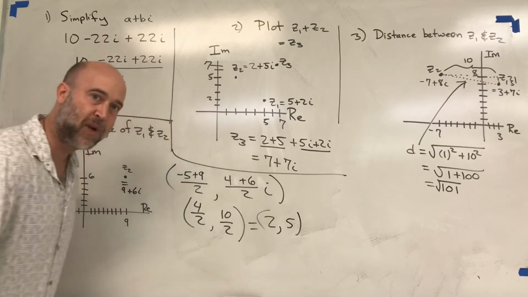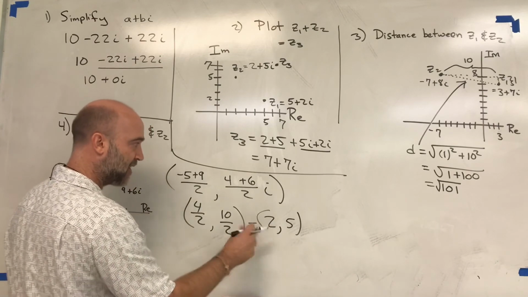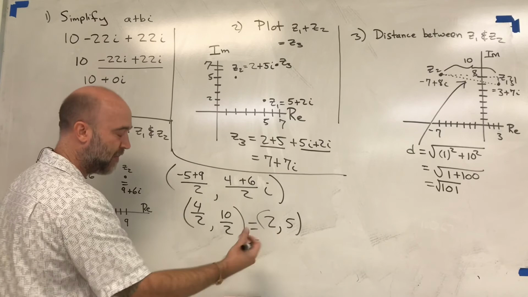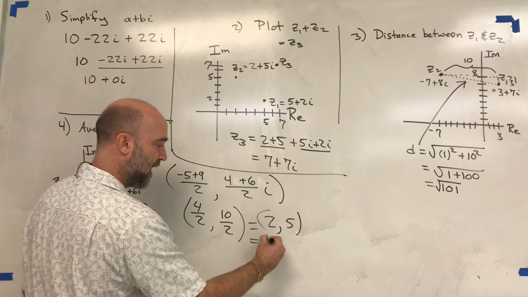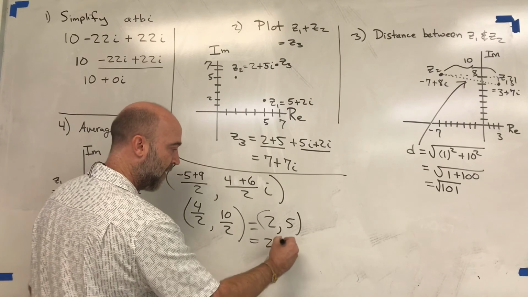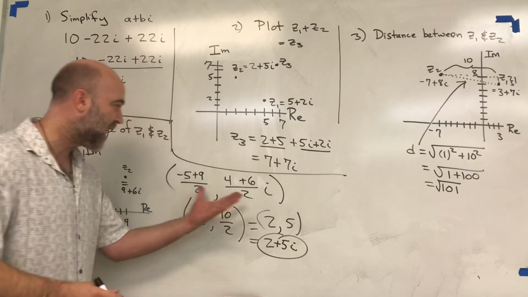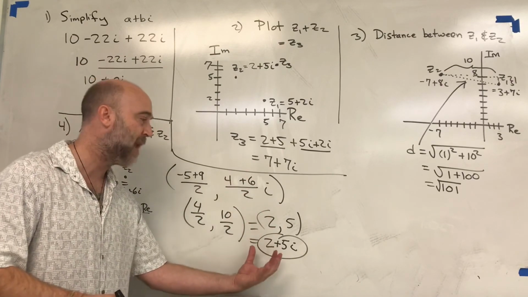And then they probably want us to graph it. So that would be in the complex field. So maybe it shouldn't have been written as a point. I'm going to go ahead and just transition that over into the complex. So that would be 2 plus 5i. Now sometimes I'll kind of do it in this way as a point and then just kind of conform it back into what I need.